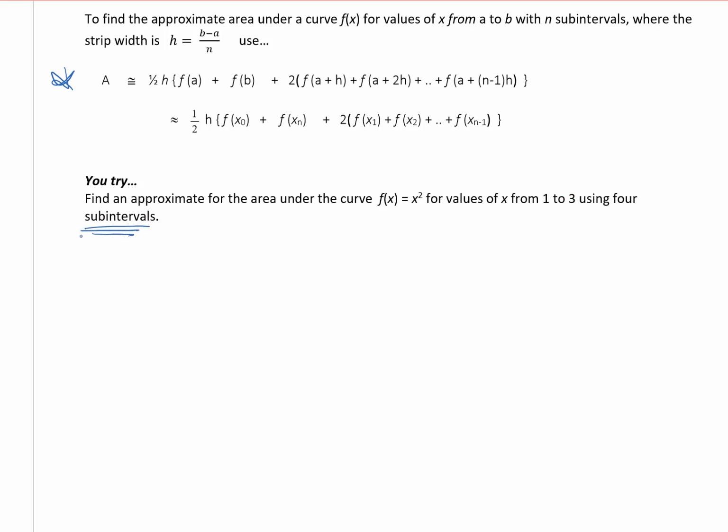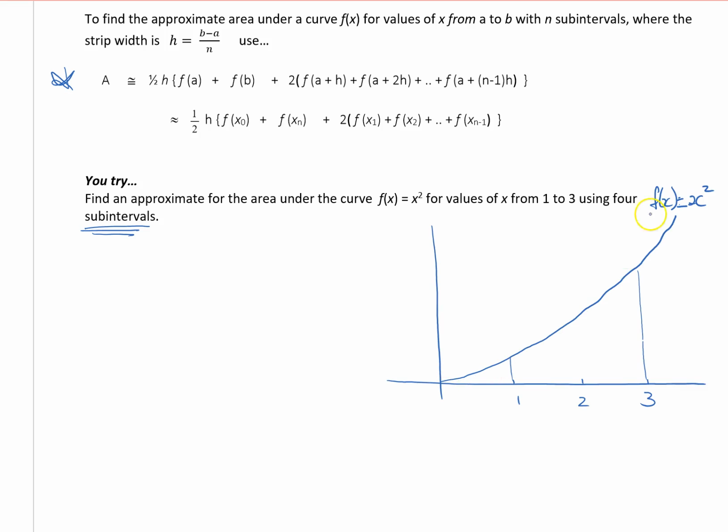I haven't talked to you about subintervals, so what's that? Let's make sure we're clear about what a subinterval is. A subinterval is like an application. We're going to have 4 trapeziums. Now, with 4 subintervals or 4 trapeziums or 4 applications, we need 5 function values.